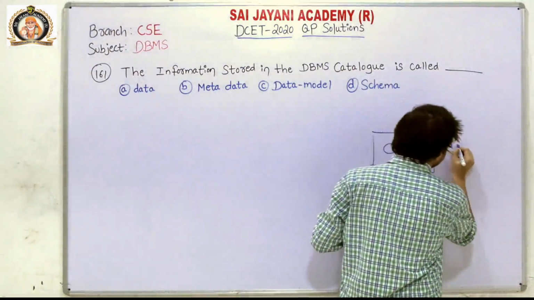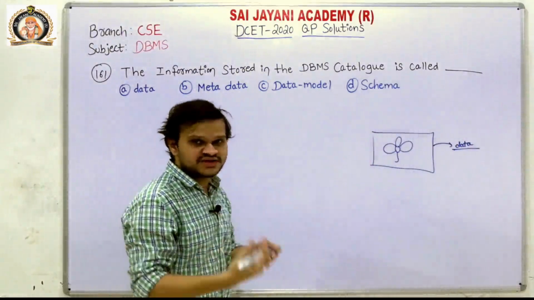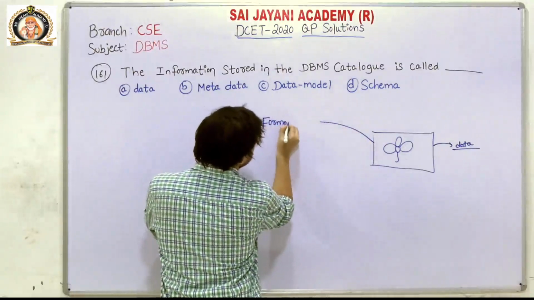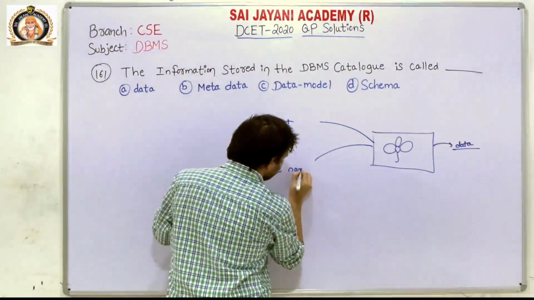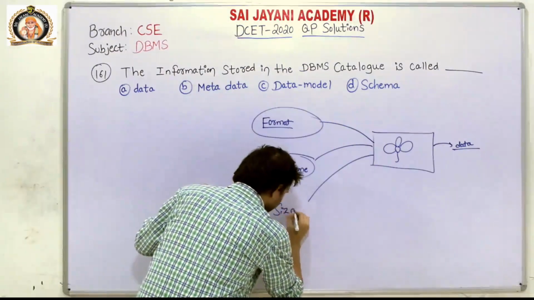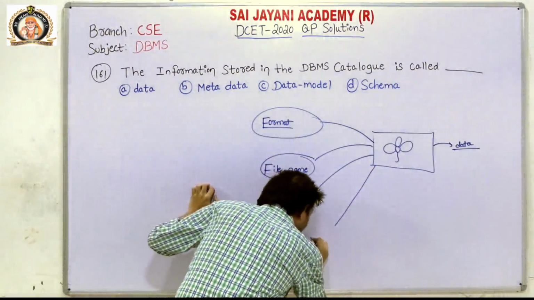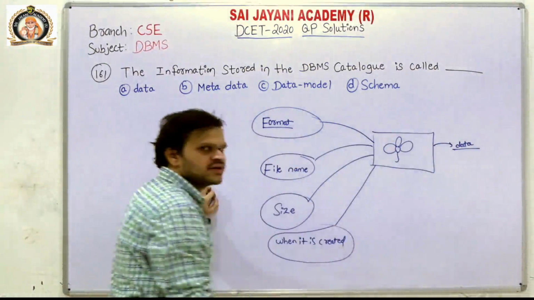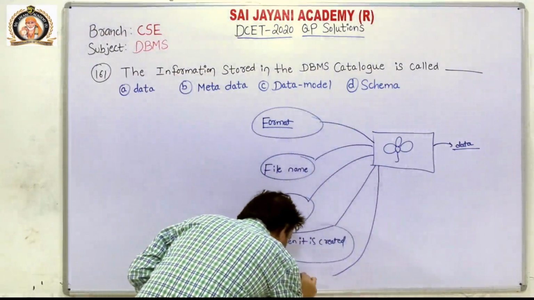This is also data. The flower image also contains some other data like format, file name, and also the size of this image, and also when this image was created, and who created this image.